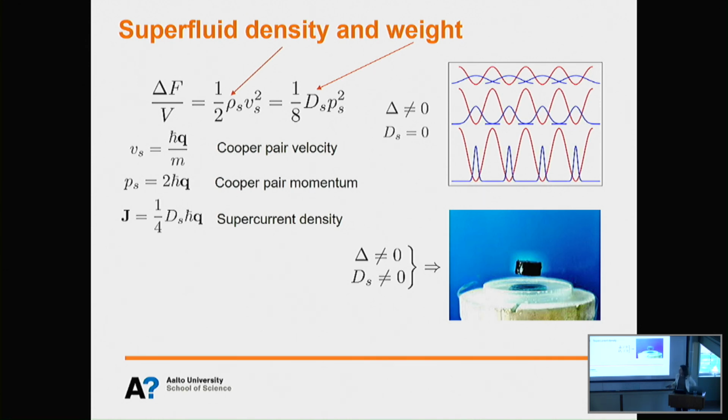You can introduce a Cooper pair momentum in your Hamiltonian and calculate, for instance, the free energy change. From there you get the superfluid density, and it should be positive and non-zero so that you can have supercurrent. In other words, it's like seeing the stability of your system to a phase twist. There are also other ways of determining it, but this is the essential quantity.